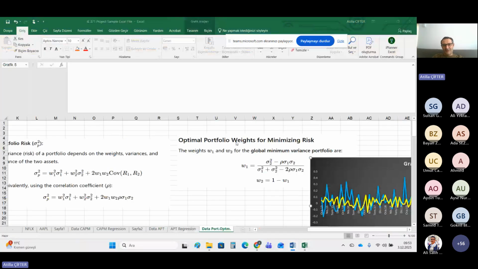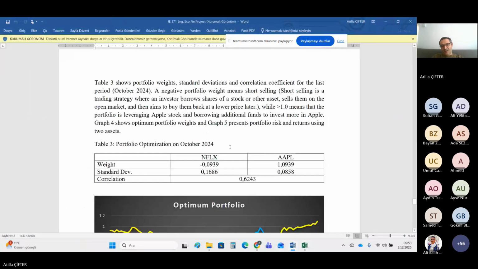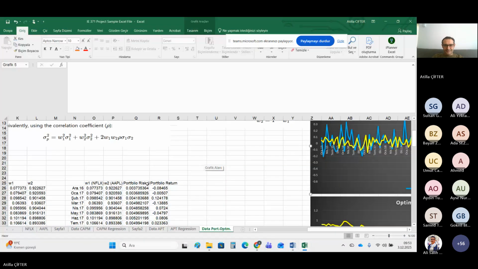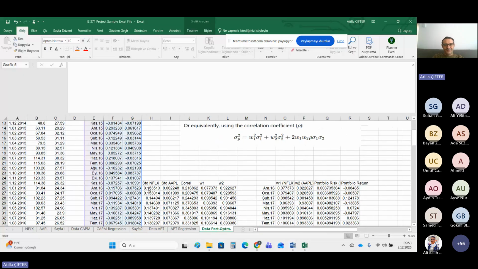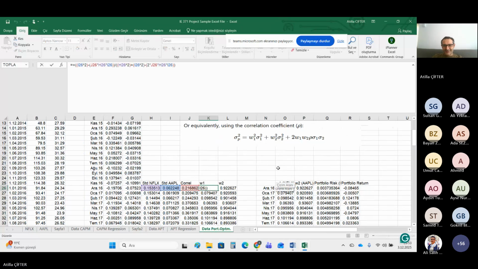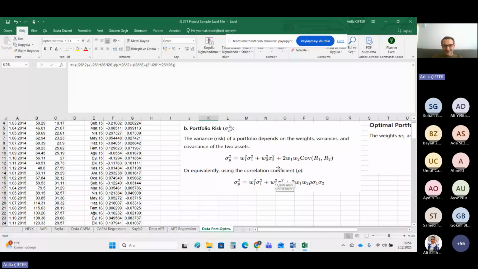Now the question is how I will prepare this table. Look at the Excel table. Here we can see we have standard deviation. And then you can see that I already calculated the weight 1 with the formula that I provided to you here.